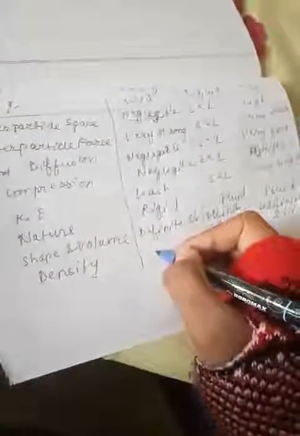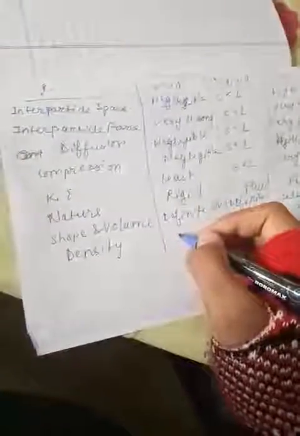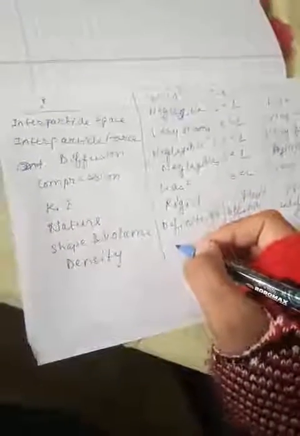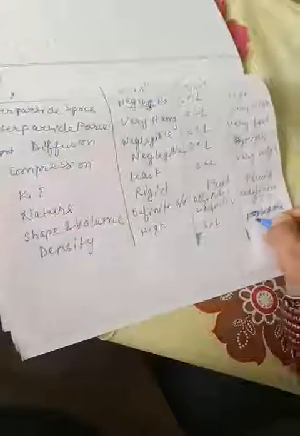But density is mass per volume. Density in Hindi is also known as ghanapan. So solids have very high density. Liquid density is lower than solids. Gas density is, we can't say negligible, but low density. This is the classification.